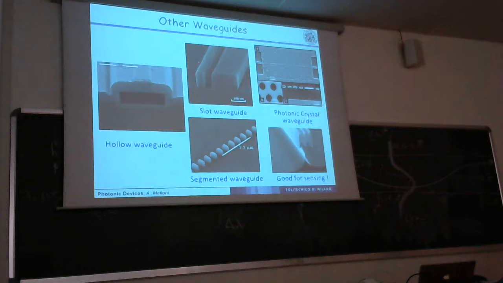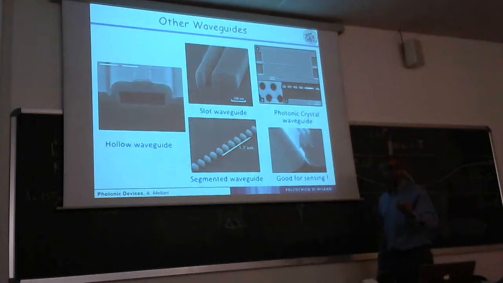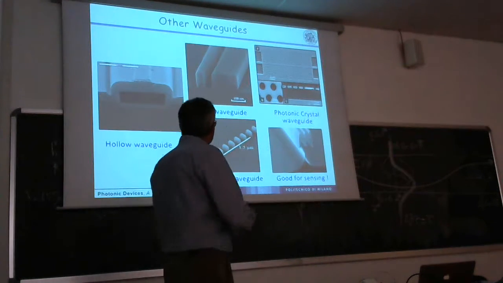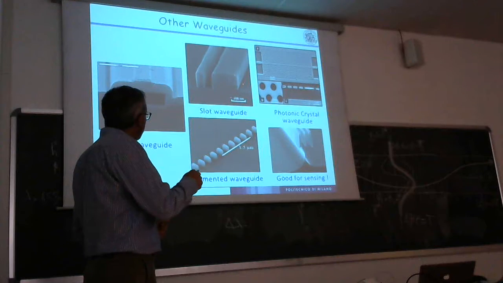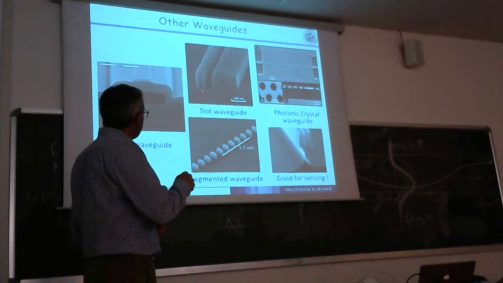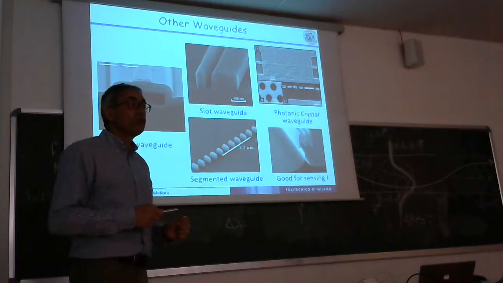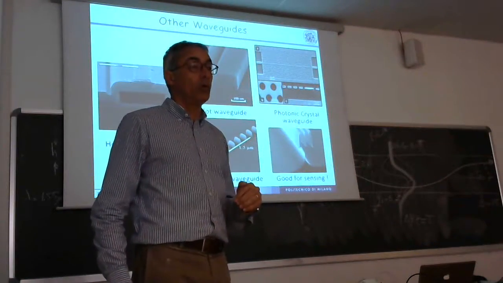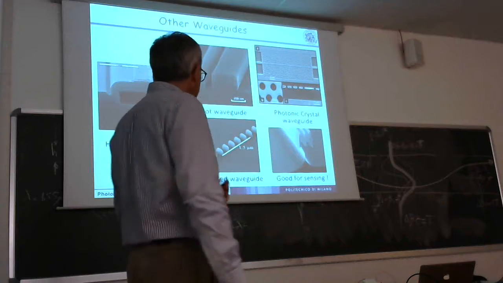So assume that something is inserted here, a virus, a DNA, a protein, or a chemical compound, an atom or molecule, and it perturbs a lot the optical field that is around the core, no? And so you immediately see if something went in this hole. So it's a good sensor.